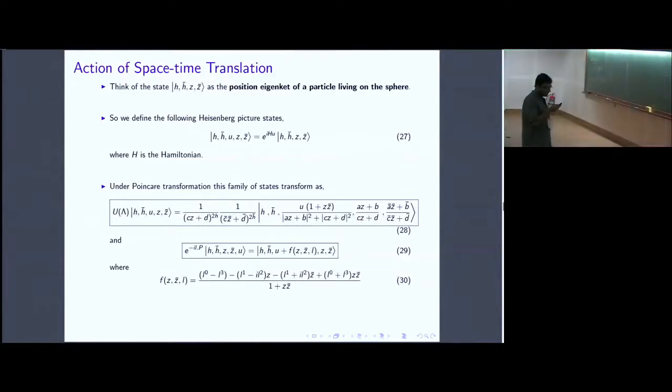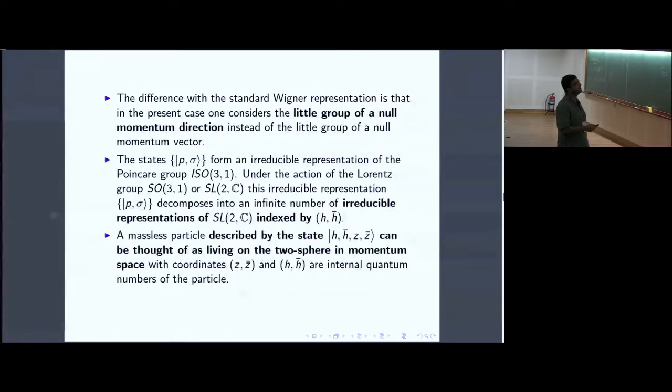Now the point is that if you have a massless particle described by this state, HH bar, ZZ bar, sitting at a particular point of S2, and you translate that in time by some amount u, you get this state. Now you can act on that state with this SL2C or the Lorentz transformation, and that state transforms like this. So lambda acting on this gives HH bar u with this form, and ZZ bar of course has the same form as this.